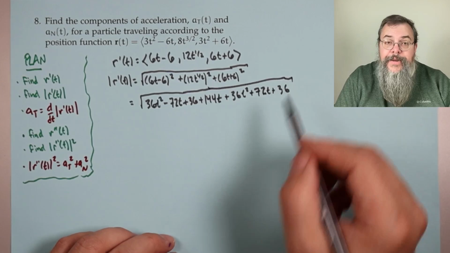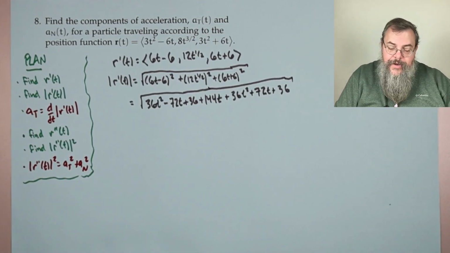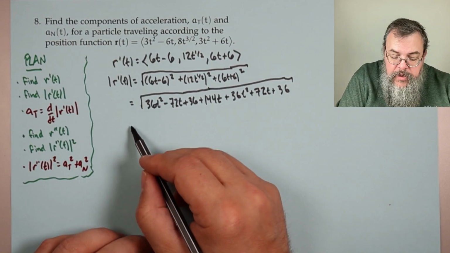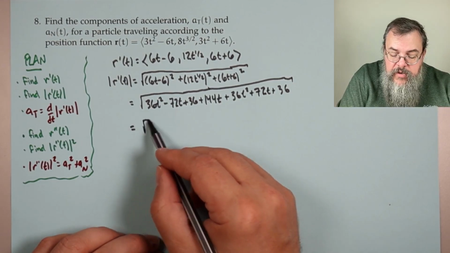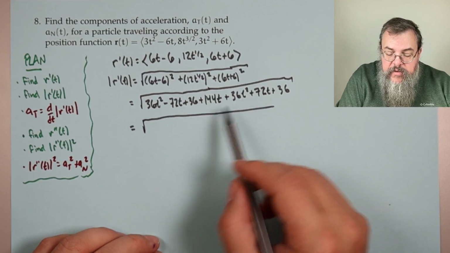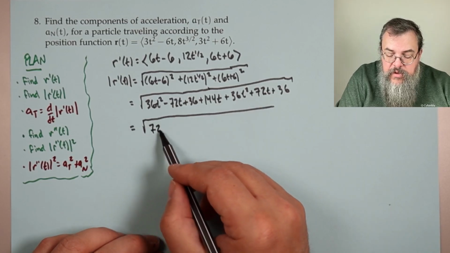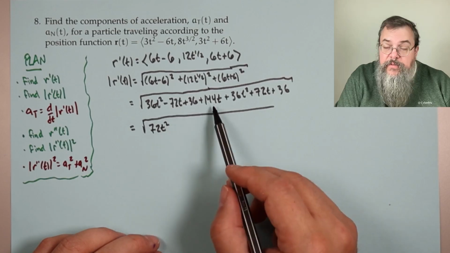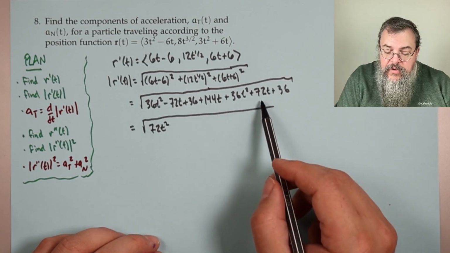All right. Good. Now we combine, and what do we get? Well, 36 plus 36 makes 72t squared, minus 72t plus 144t plus 72t.